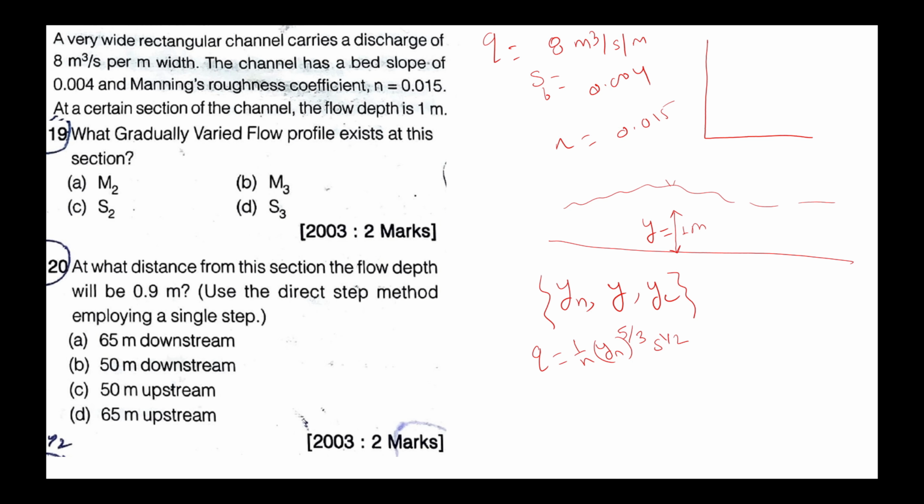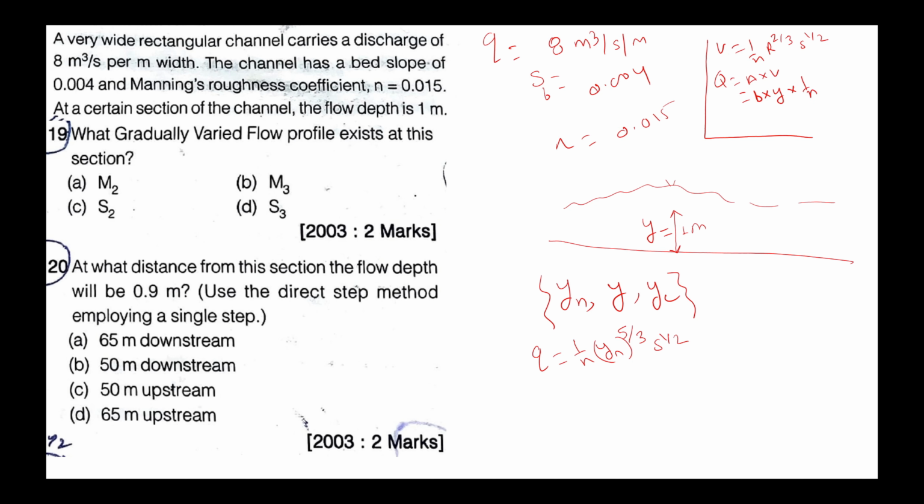Your velocity formula is 1 by n, r to the power 2 by 3, s to the power 1 by 2. Your discharge is equal to area into velocity, so you put in your velocity formula.